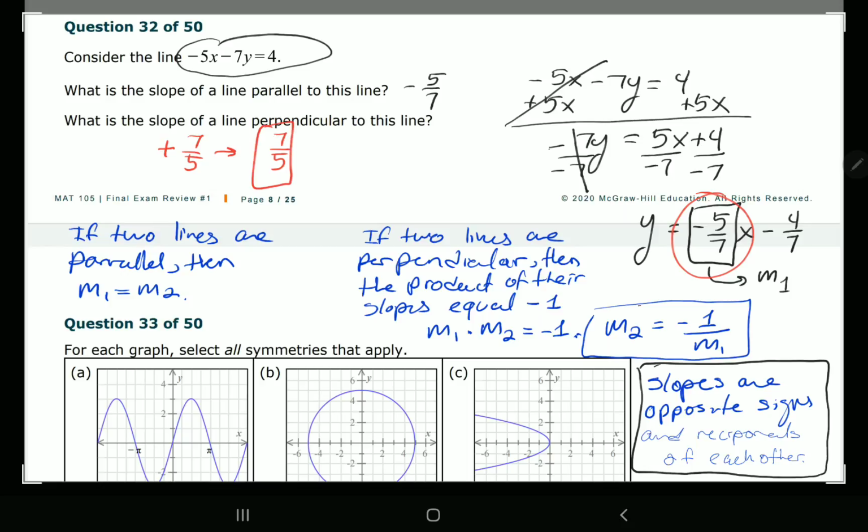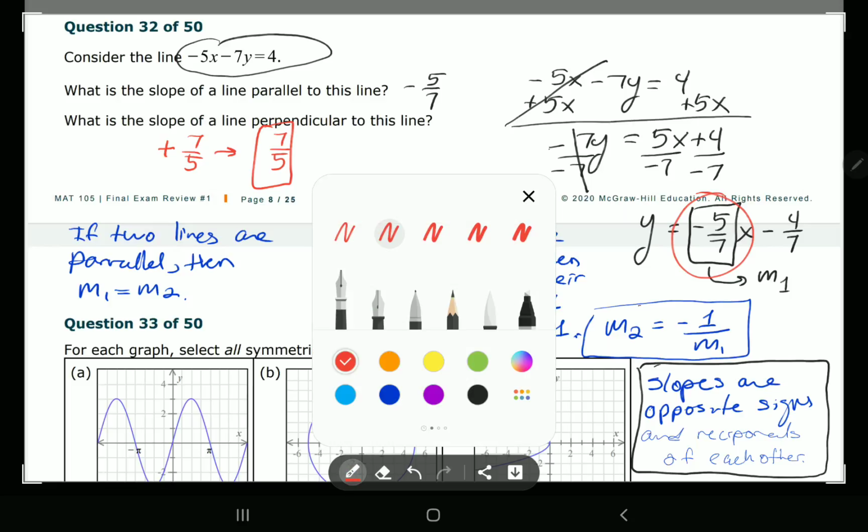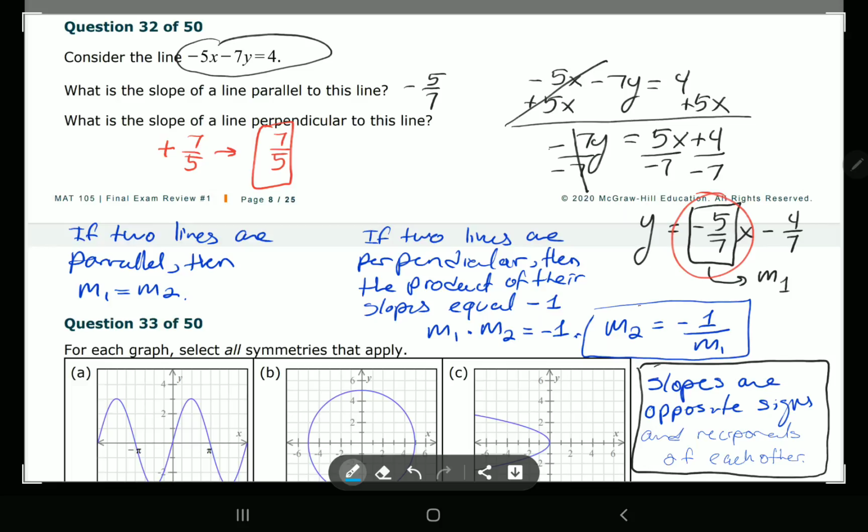And to prove that is correct, if I multiply the slope of my line, which is -5/7, with the slope of my perpendicular line, which is 7/5, the outcome should be -1. I'm going to prove that right now. That's -5 over 7 times 7/5.